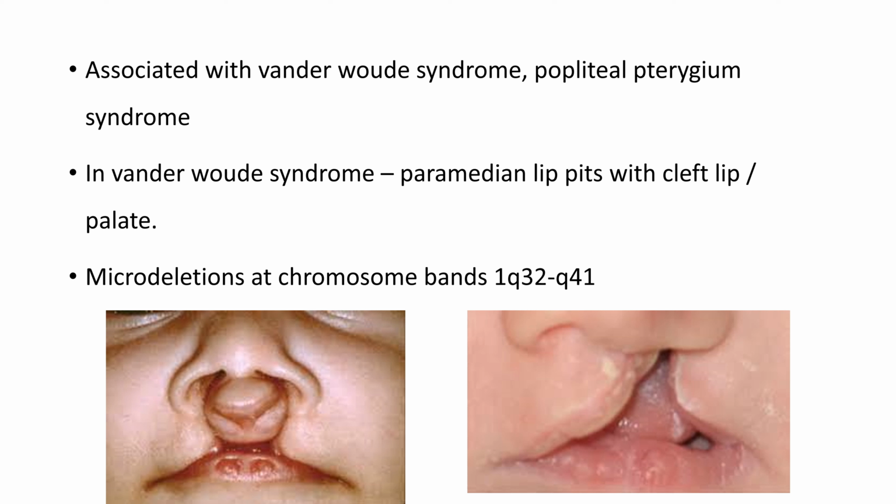Basically, in Van der Woude syndrome you see both lip pit as well as cleft. In the picture, you see on the lower lip there is lip pit bilaterally and there is a cleft lip. In Van der Woude syndrome, there are microdeletions at chromosome band 1q32 and q41.